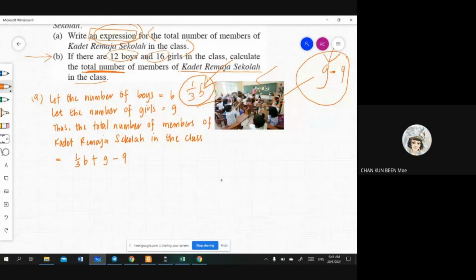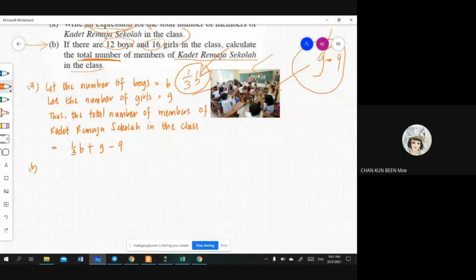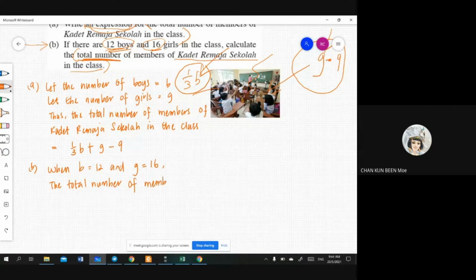Okay, so now we are going to write down when there are 12 boys and 16 girls. So you just write down when B, because you use B, when B is equal to 12 and G is equal to 16. So you just answer according to the given question again. The total number of members of Cadet Remaja Sekolah is what you want to find out, right?